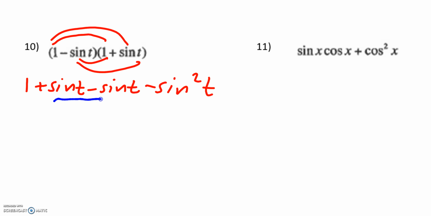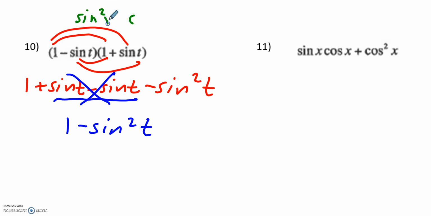This time, my two middle terms do cross out because they are one term minus the same term. So I'm left with 1 minus sine squared t, which amazingly enough can be simplified because of the Pythagorean identity, sine squared x plus cosine squared x equals 1. If you subtract the sine squared x over, cosine squared x is equal to 1 minus sine squared x.